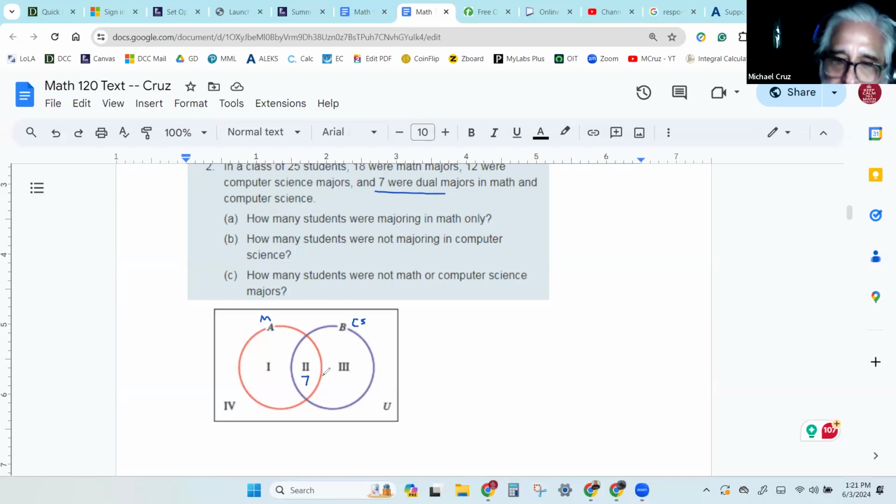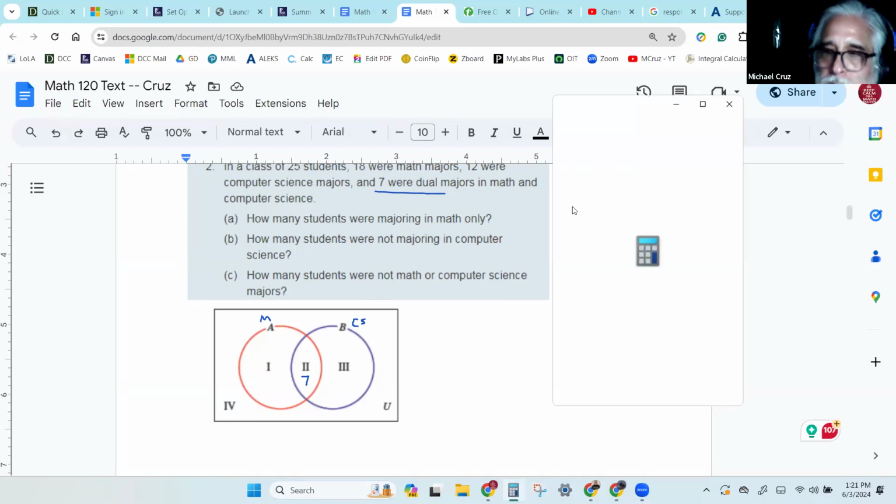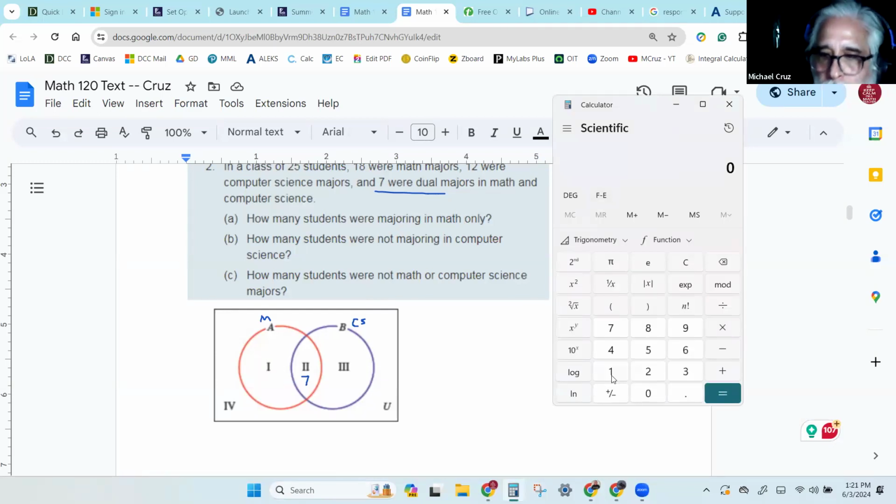In other words, the whole of the blue has to be 12. So the 12 that should be in computer science minus the 7 that's already there. So that means we're going to put a 5 here. And that's the computer science only people.